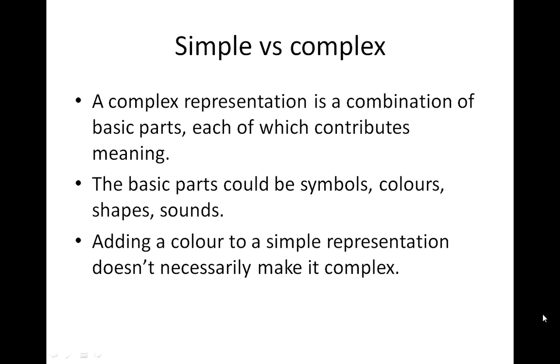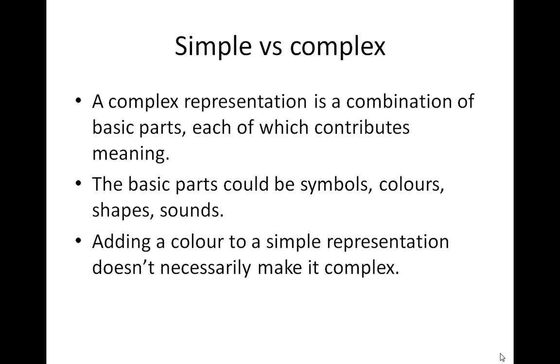The key subject that's discussed in Unit 2 is the difference between simple and complex representation. So complex representation in a nutshell is a combination of basic parts, each of which contributes meaning to the overall representation. If you're adding a part in and it doesn't add to the meaning, that isn't making it more complex.